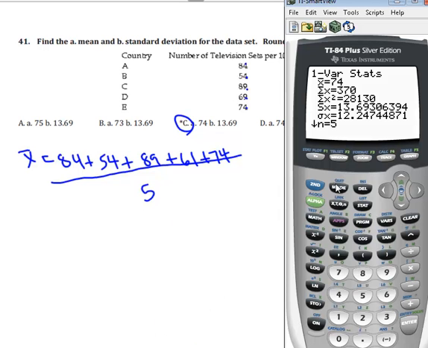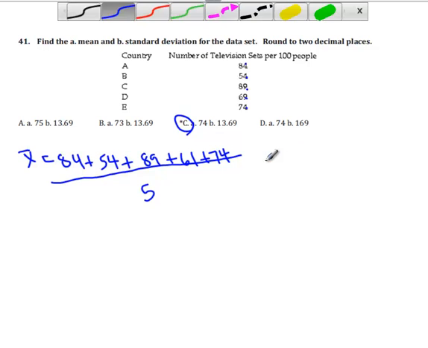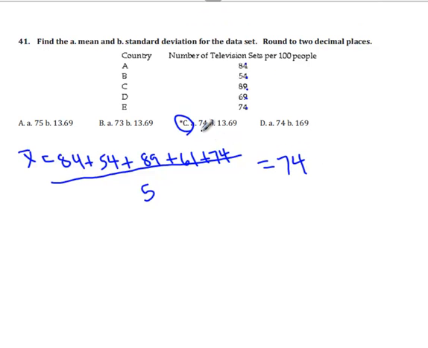So we would do the sum of these numbers, 84 plus 54 plus 89 plus, this is 69, I wrote it wrong, but 69 plus 74 divided by 5, and there's my mean of 74. So you definitely can easily find the mean of 74, and so you'll see that it's here. But let's talk about how you manually can find the standard deviation.